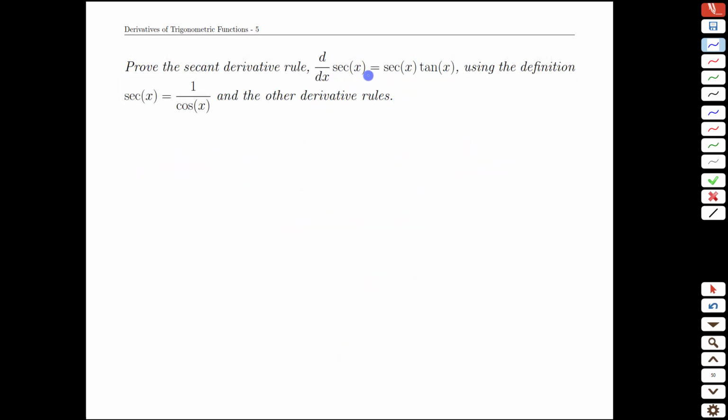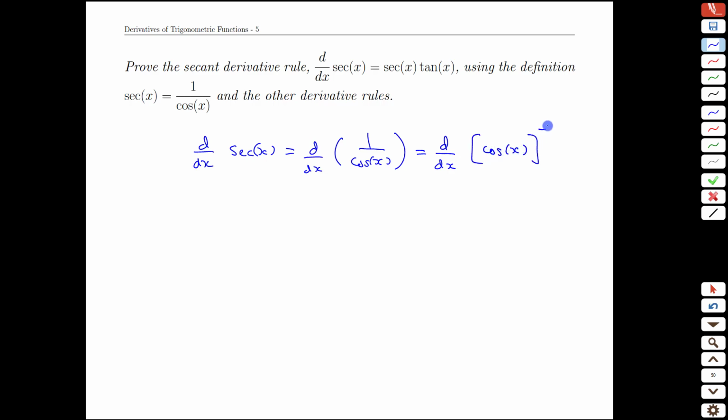Let's do a quick proof of the secant rule just to see how that plays out. The derivative of the secant of x is more easily stated as the derivative of 1 over cos of x, because we know the rule for cos of x, and that is better stated as the derivative of cos of x all to the power -1.